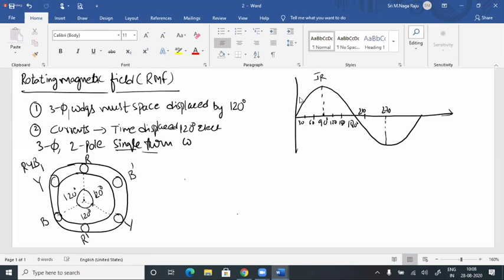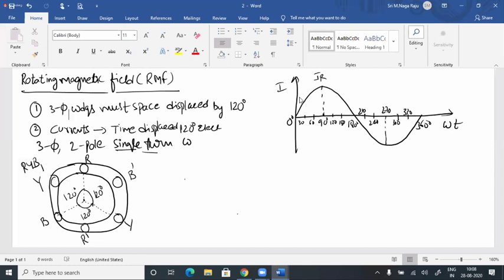This is 210, 240, and so on up to 360. After 270, we'll have 300, 330. See, this is 0 degrees, omega t, and magnitude is current parameter.